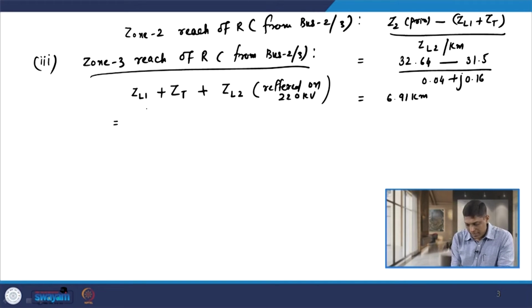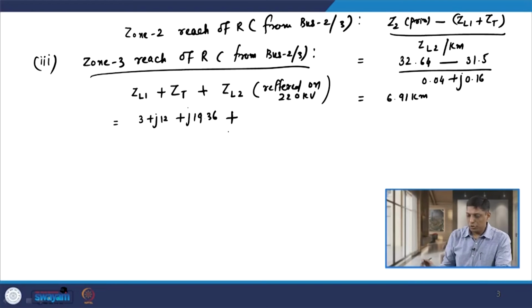If I add ZL1, that is 3 plus j12, plus ZT, that is j19.36, plus ZL2, the value of ZL2 is 4 plus j16.